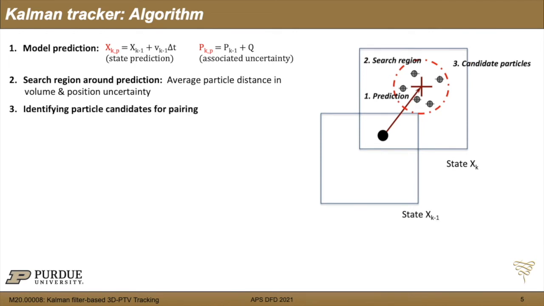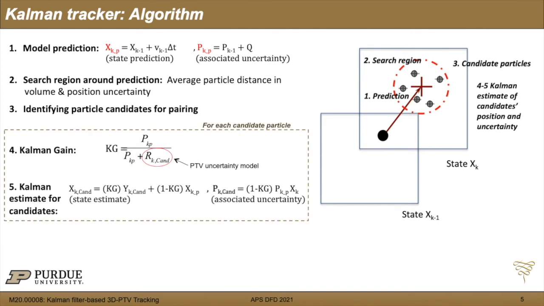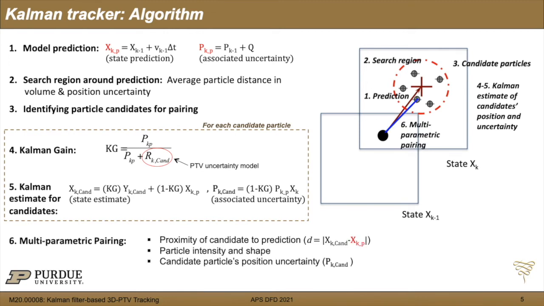For each candidate particle, the Kalman filter algorithm would combine the model prediction and the candidate's position and uncertainty to obtain an estimate for each candidate. Following this, a multiparametric tracking scheme is employed to find the best match among the candidates.